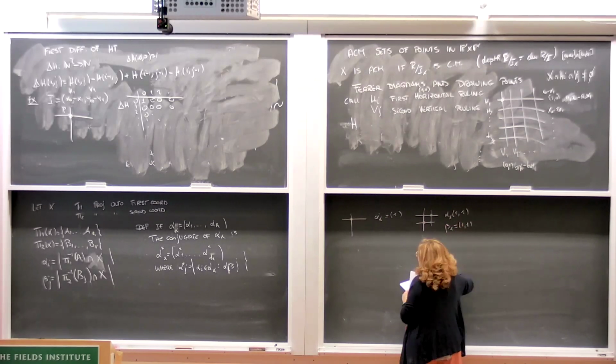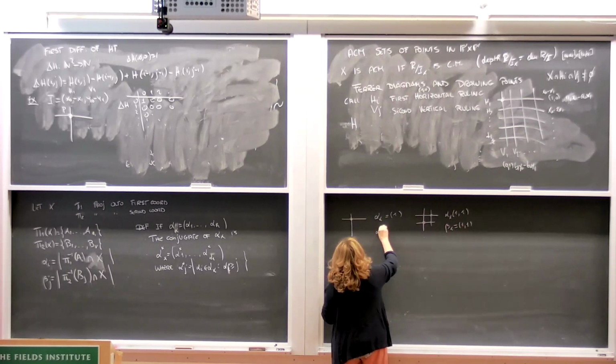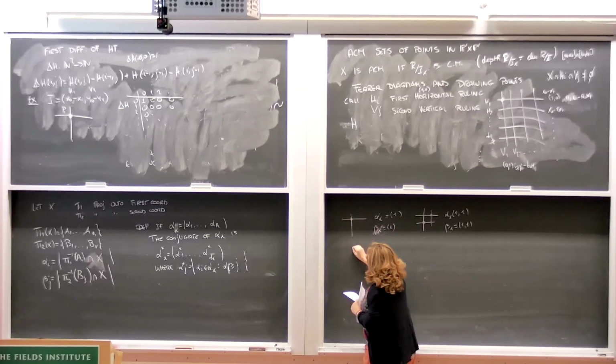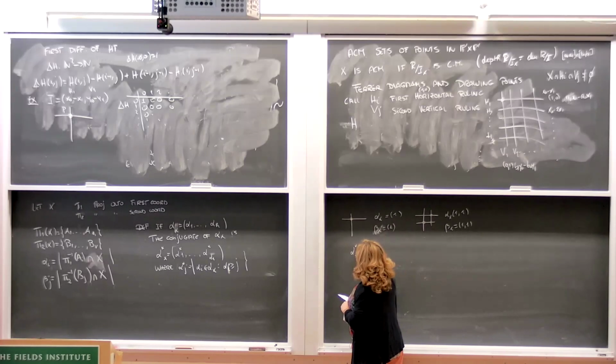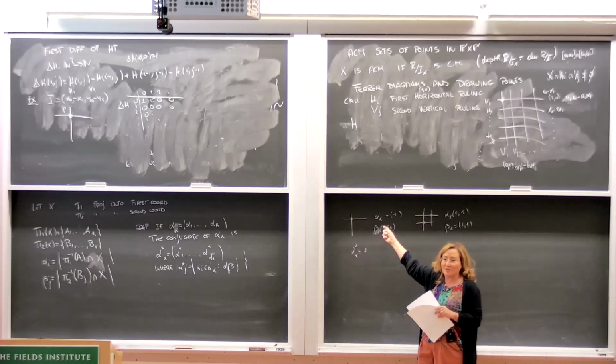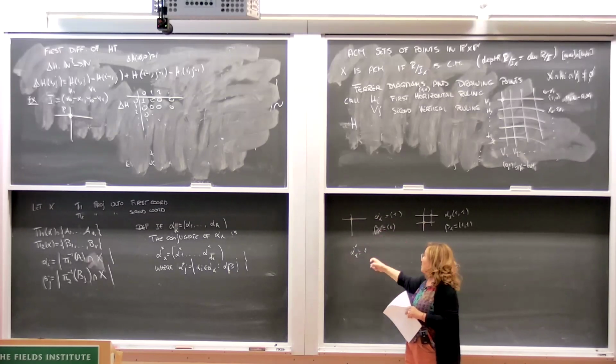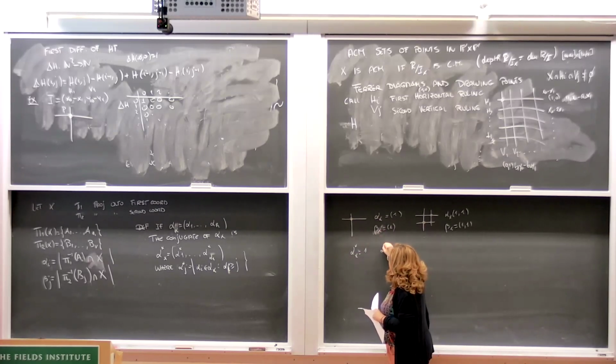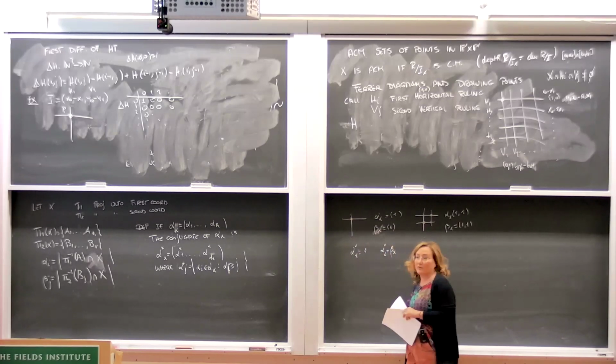But what is the difference? If we take the conjugate of alpha, it's still 1, because how many entries do you have bigger than or equal to 1? It's just 1. So we see in this case that alpha star of X is equal to beta of X.